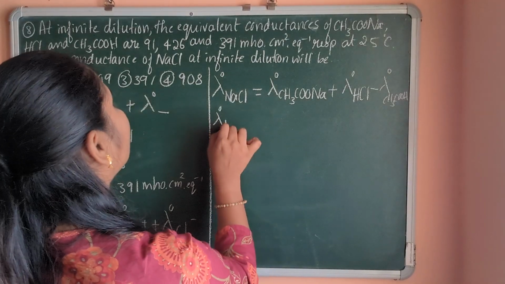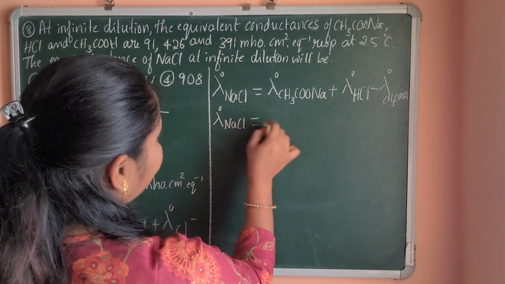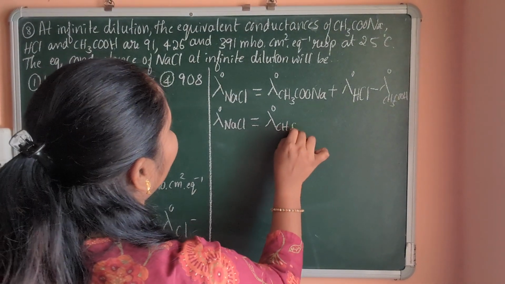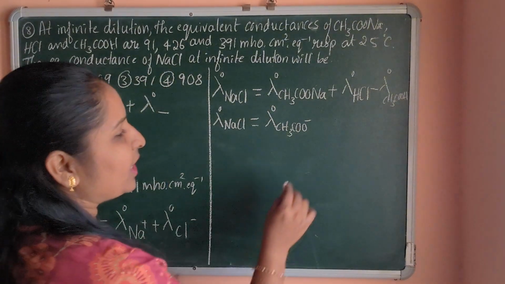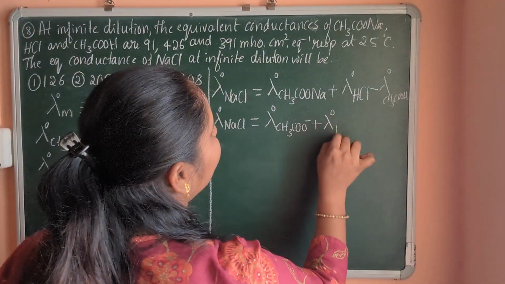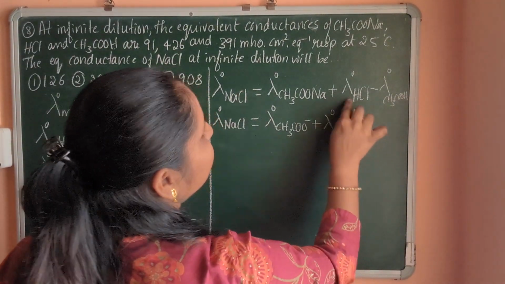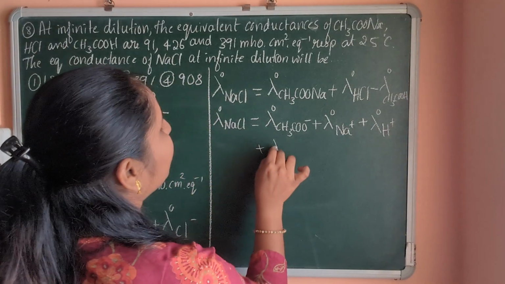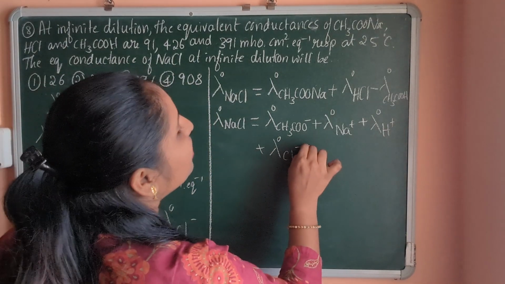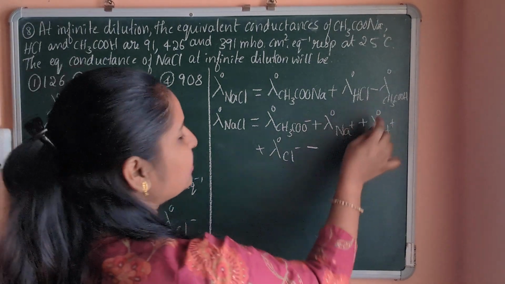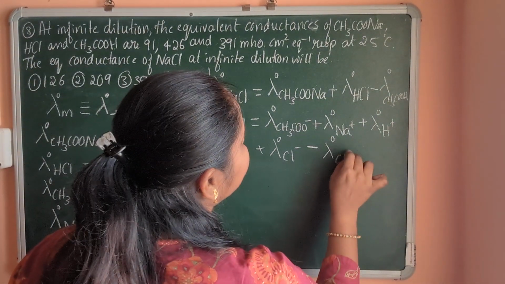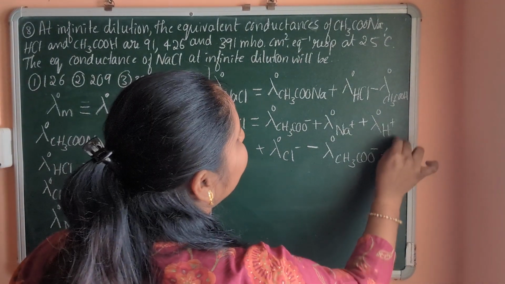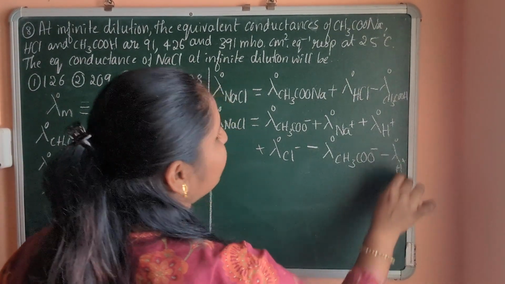To get the limiting molar conductivity of NaCl, let me split out the individual ions: limiting molar conductivity of acetate ion plus limiting molar conductivity of Na plus ion, plus limiting molar conductivity of H plus ion plus limiting molar conductivity of Cl minus ion, minus limiting molar conductivity of acetate ion, that is CH3COO minus, and limiting molar conductivity of H plus ion.